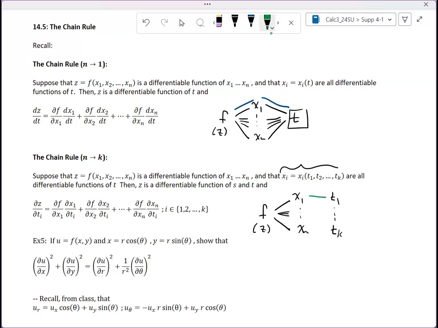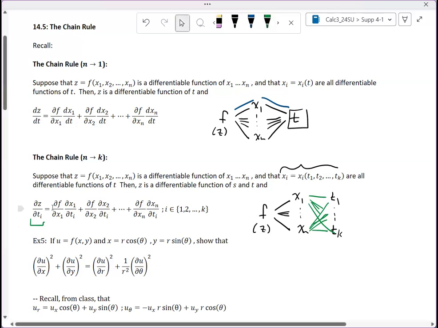So here x1 depends on all of these, as does x2 and as does xn. So now when we take a derivative of z, we have to take a partial with respect to one of its independent variables, t sub i. And again, the formula on the right looks pretty similar. We just iterate through all paths from z to t sub i through these intermediate variables, the xi's.